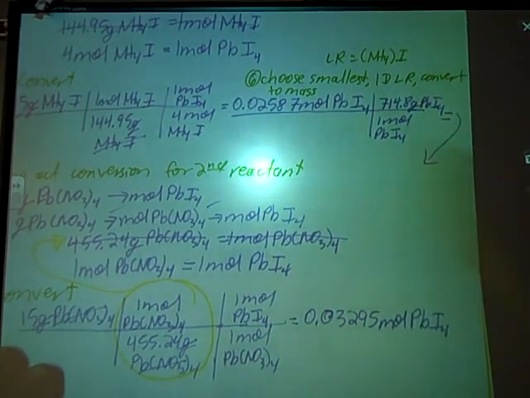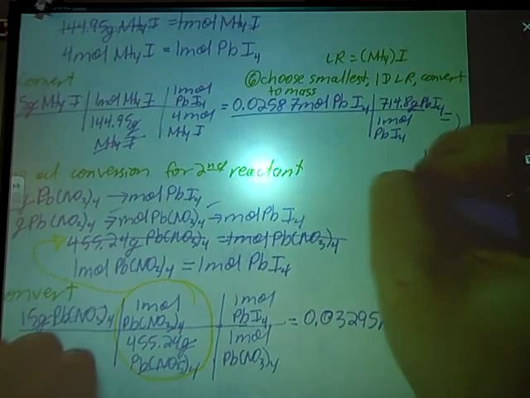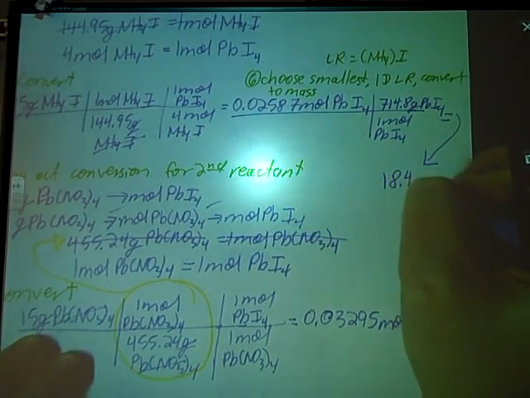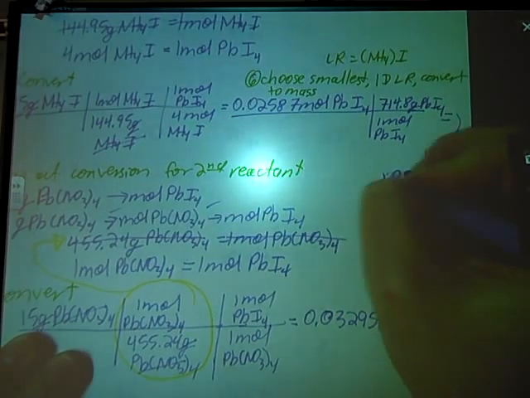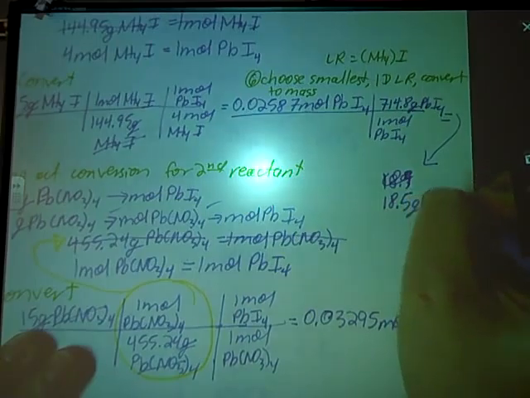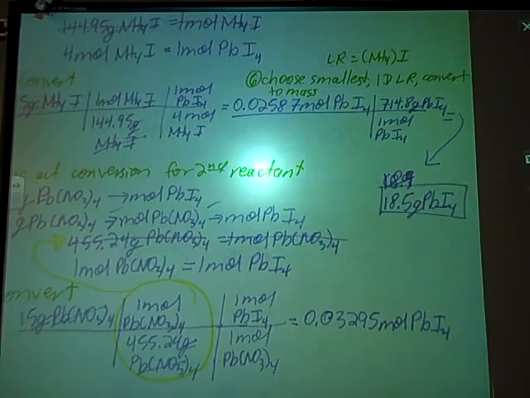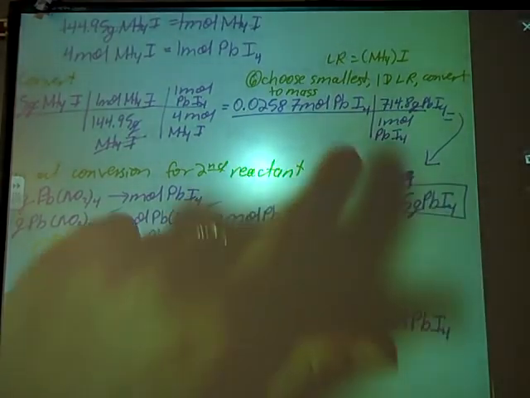Equals, I'm out of space, I'm going to write it down here, so 0.02587 times that monstrosity gives me 18.4, whoop, can only have 3 sig figs, grams of lead iodide. So notice, in this method, I only had to convert to grams once.